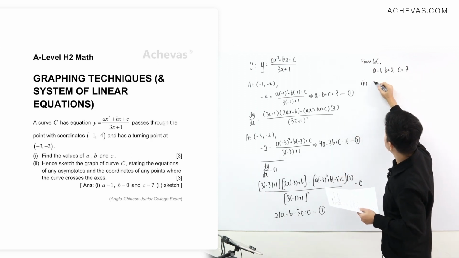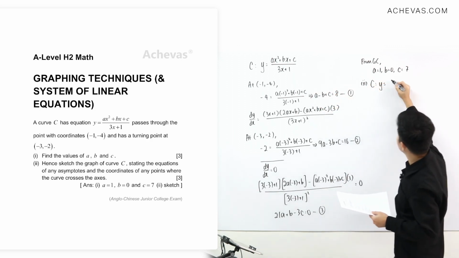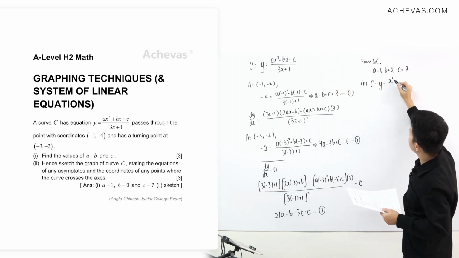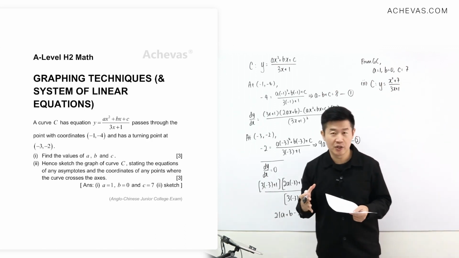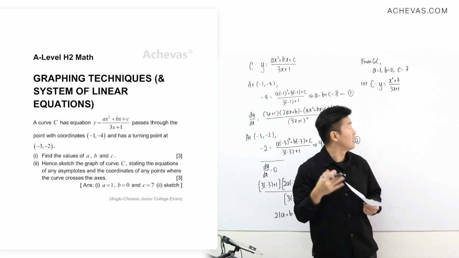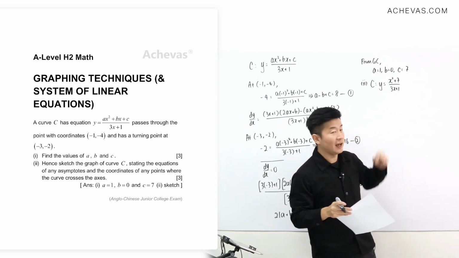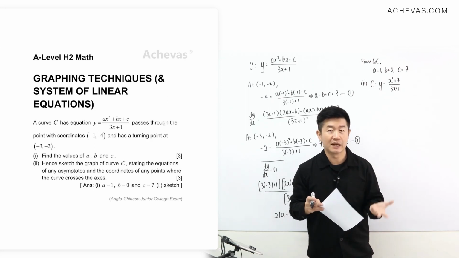For the curve C, the equation is now y is equal to a, which is 1, so we have x squared, b is 0, and c is 7, divided by 3x plus 1. This is an improper rational expression. In order for us to sketch this, we will be expecting a vertical asymptote, x is equal to -1/3, and we will be expecting an oblique asymptote.